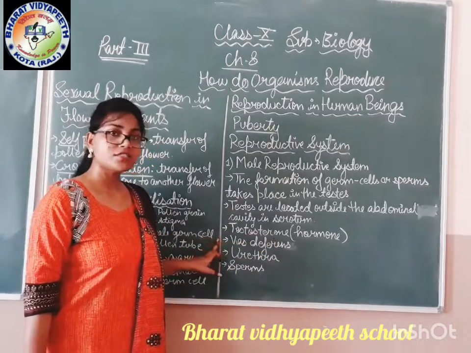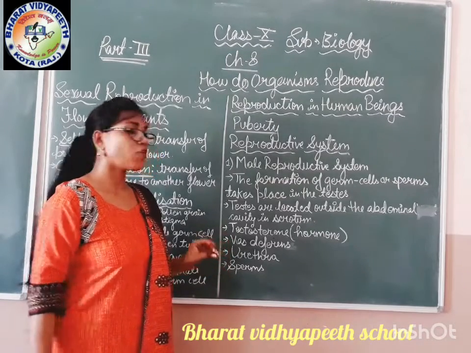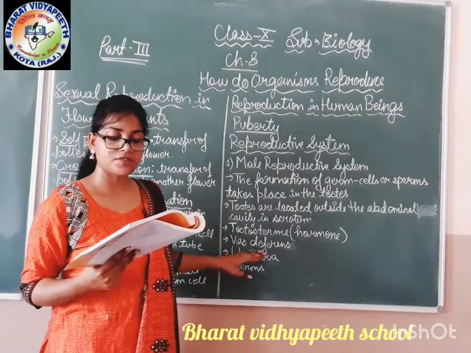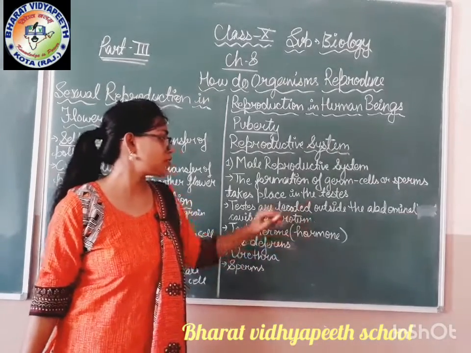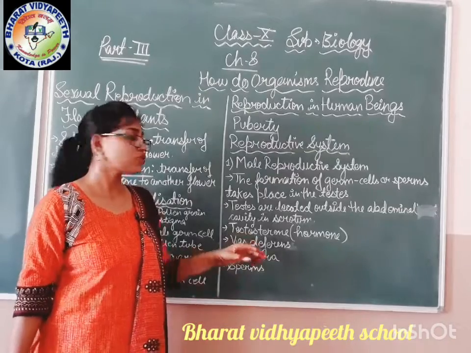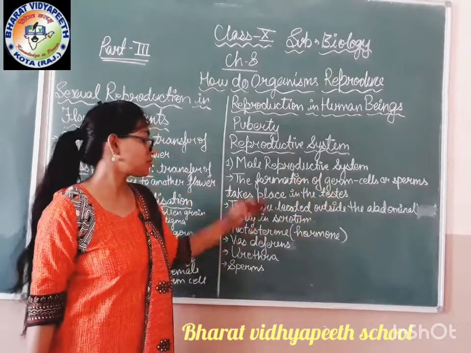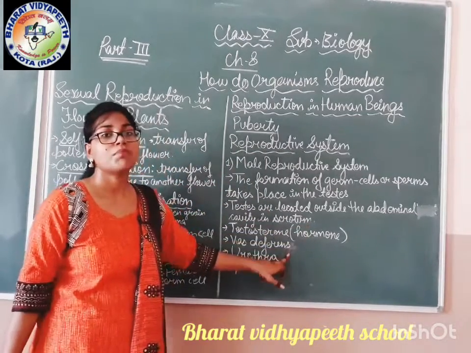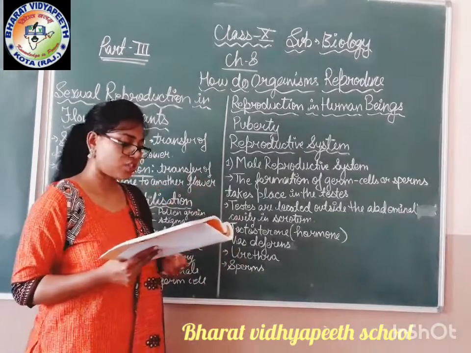Other parts of the male reproductive system are the vas deferens and the urethra. What is the function of the vas deferens? It forms a tube-like structure between the scrotum and the urinary bladder, so that the male gametes can be transferred through it.